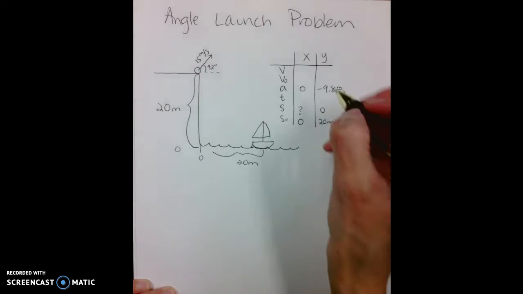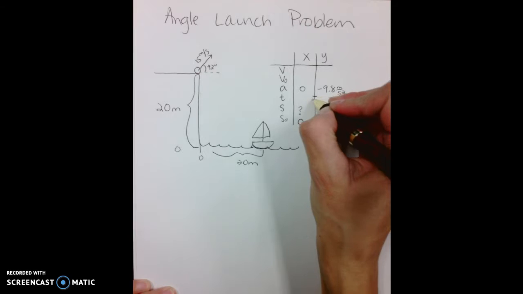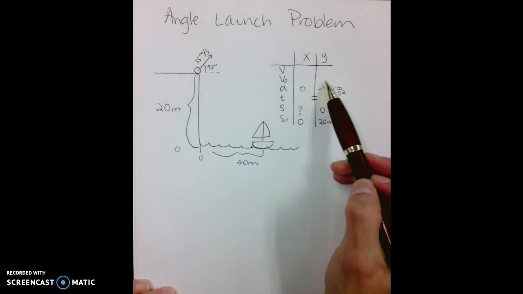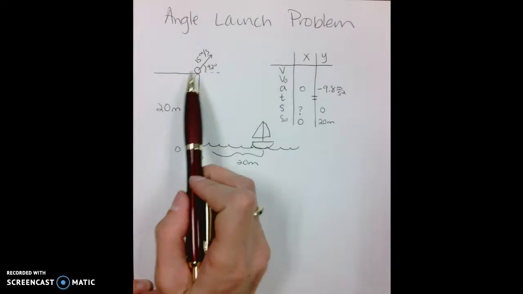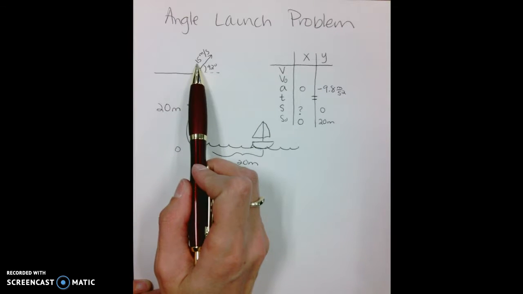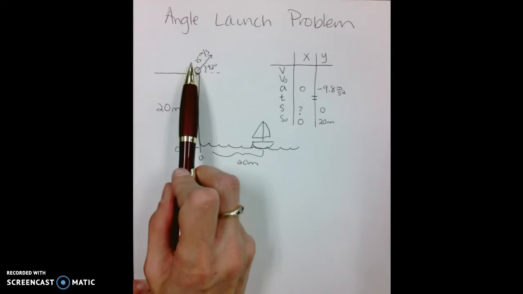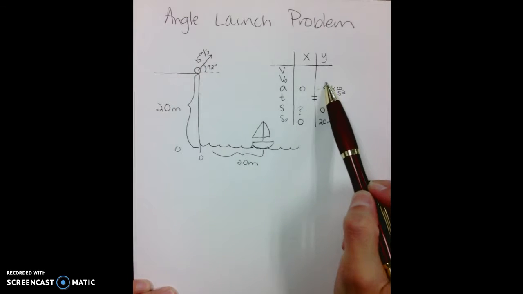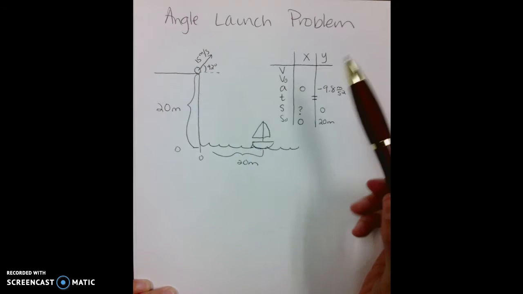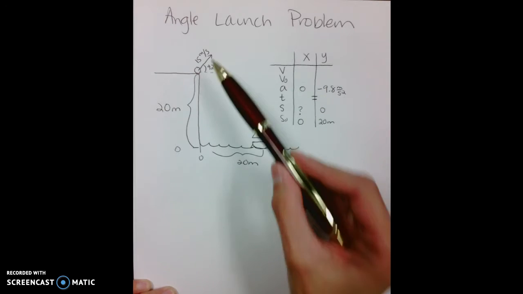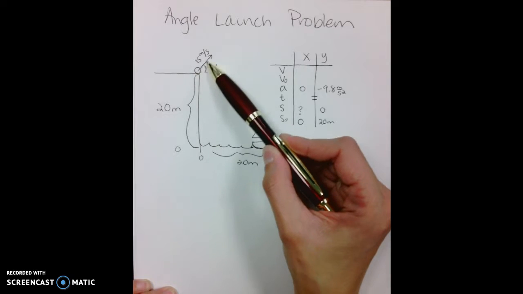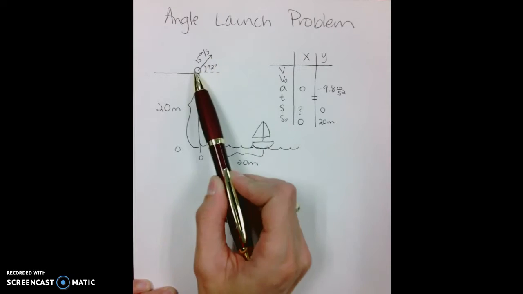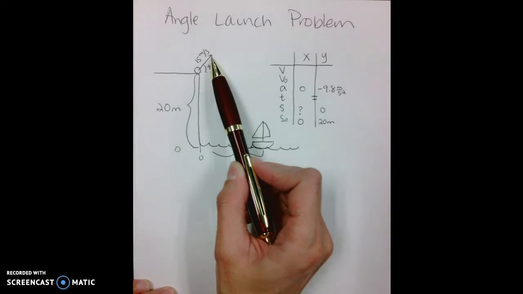All right, and then remember, time is going to be the same in both columns, and I need my initial velocities. Well, it tells me the initial velocity is 15 meters per second, but is that 15 meters per second in the x direction, the y direction, or both? In this case, because it's set at an angle of 42 degrees, that 15 meters per second is in both the x direction and the y direction.